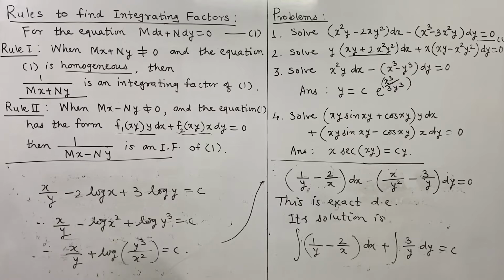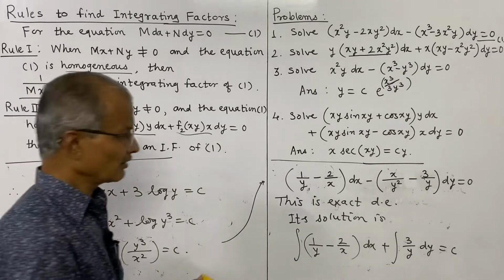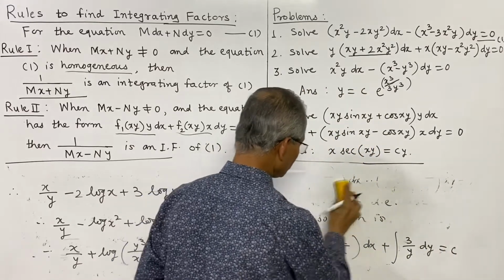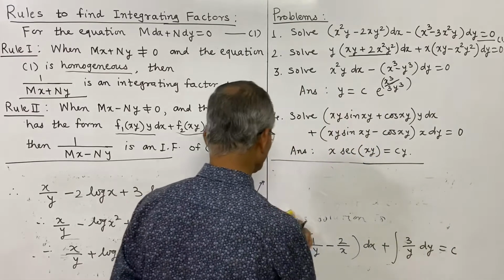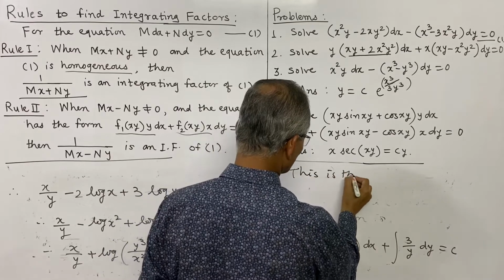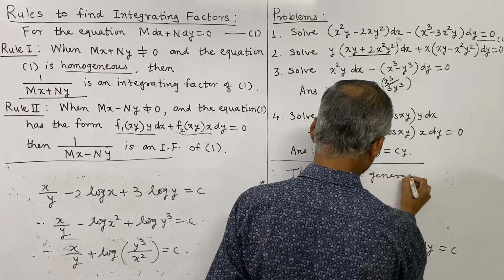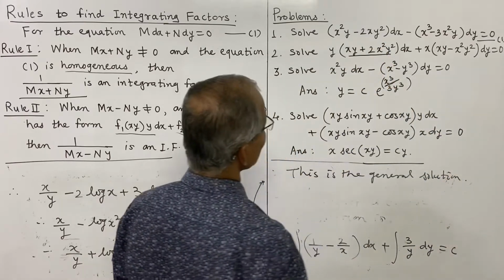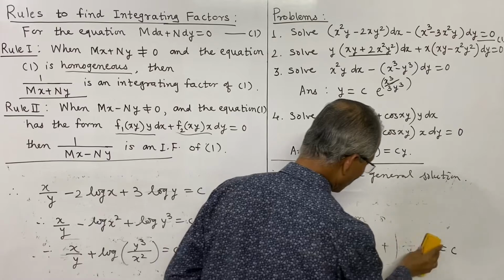So this is the solution, and we may simplify it further, but that is sufficient, and we can say this is the general solution. So this completes the solution of the first problem.